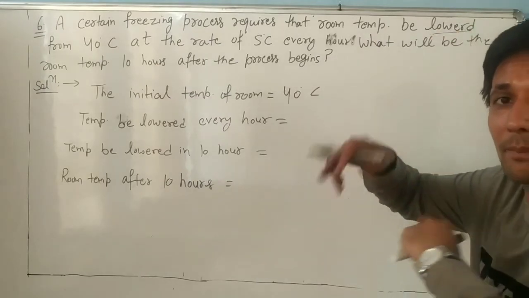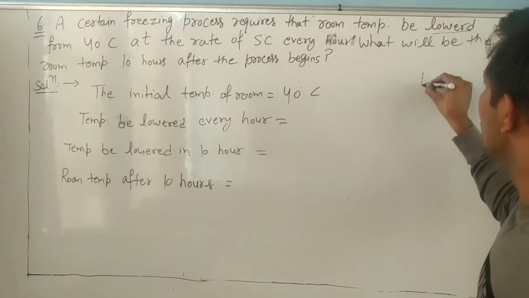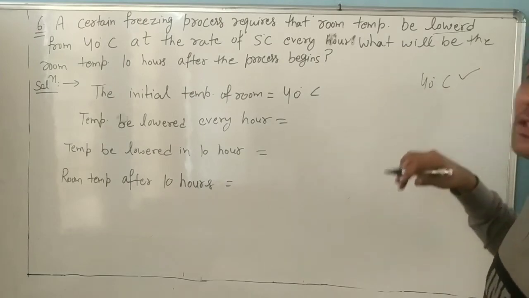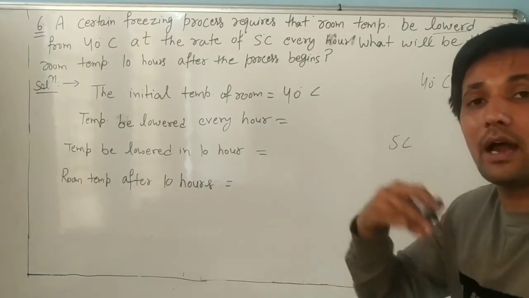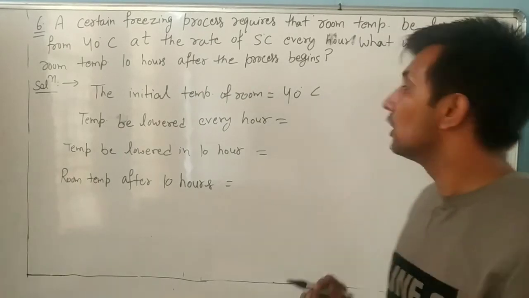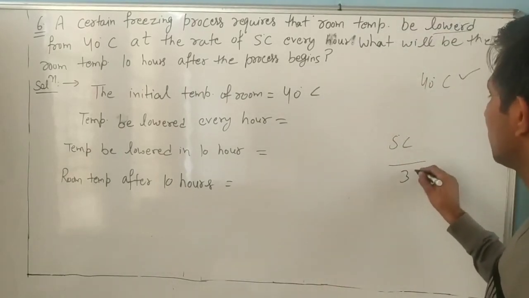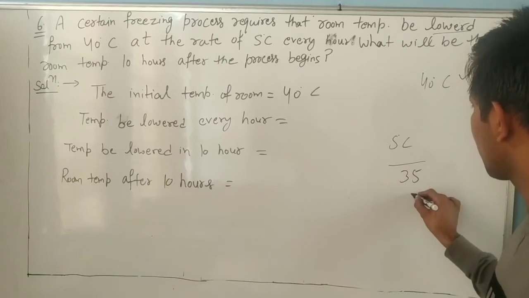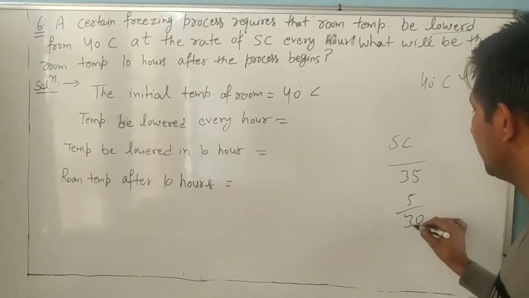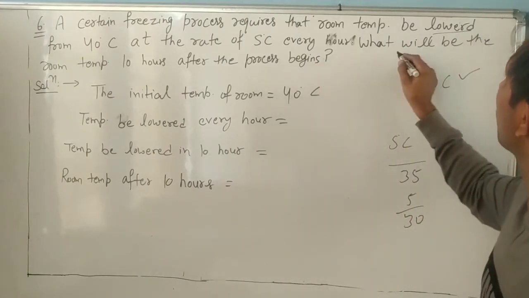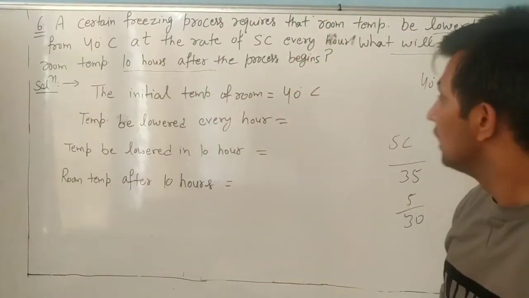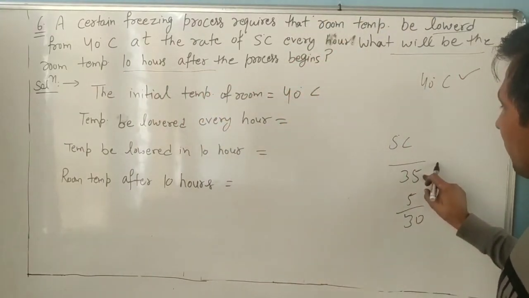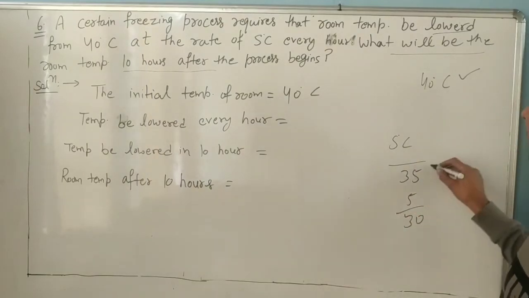The room temperature is decreasing from 40 degrees Celsius at the rate of 5 degrees Celsius every hour. So after 1 hour, how much is it? 35. After 2 hours, again 5, it is 30 degrees. We have to find the temperature after 10 hours. So like this we will find.